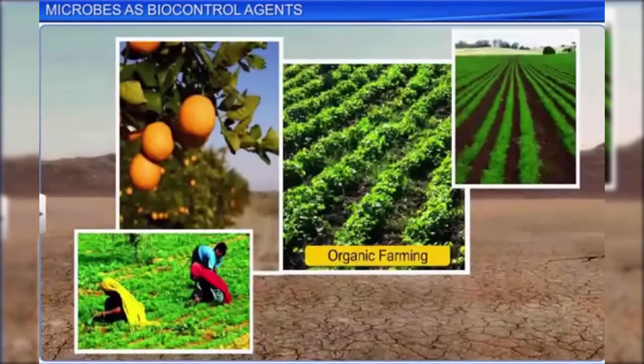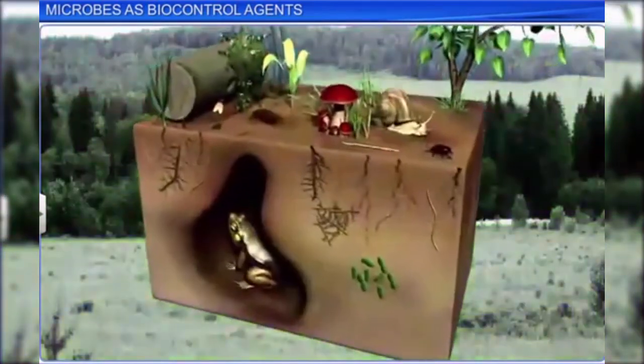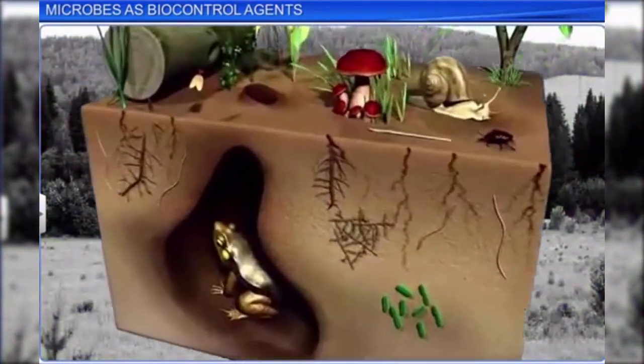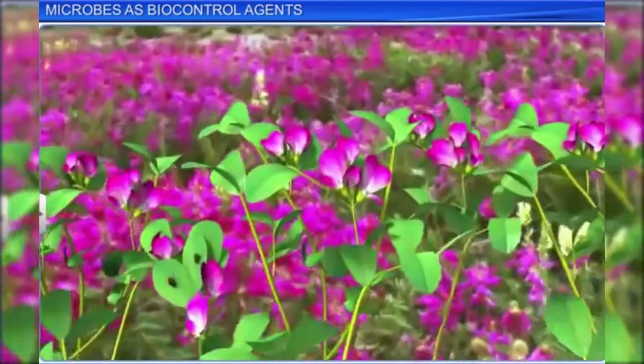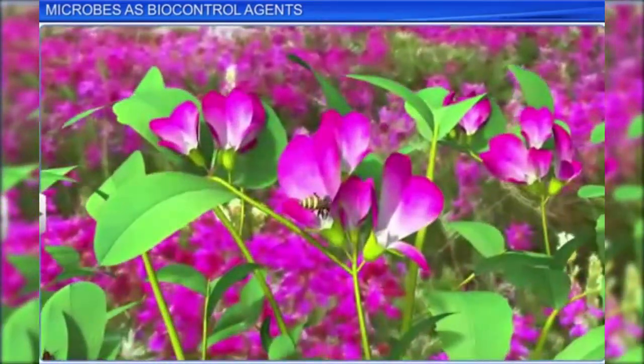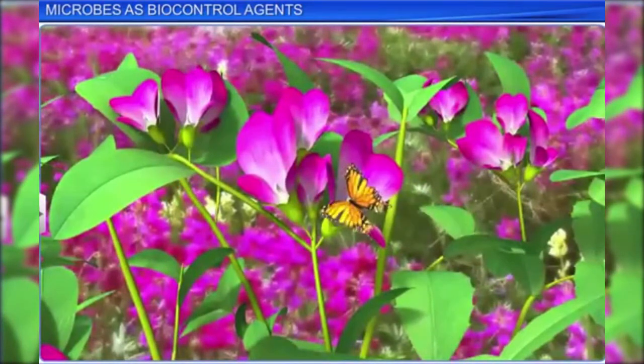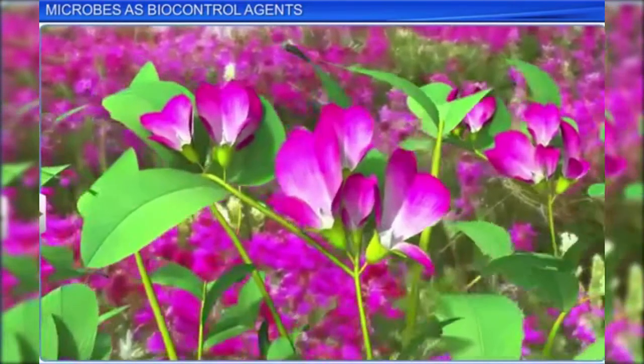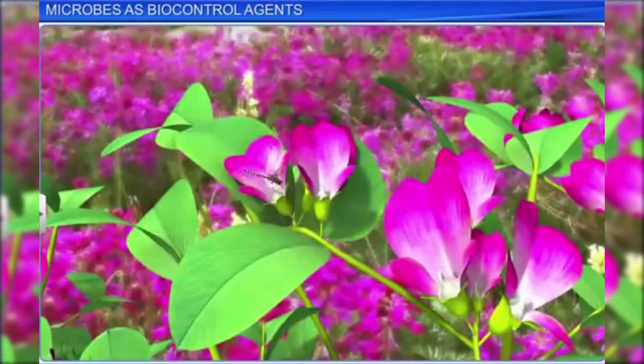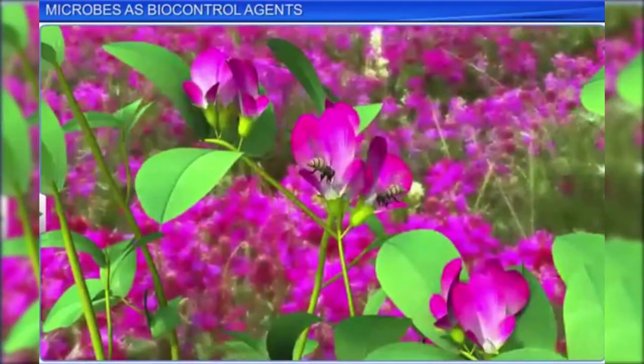The principle of organic farming lies in biodiversity. The greater the variety of flora and fauna in the fields, the more sustainable is farming. Therefore, in organic farming, insects and pests are not always completely eradicated.